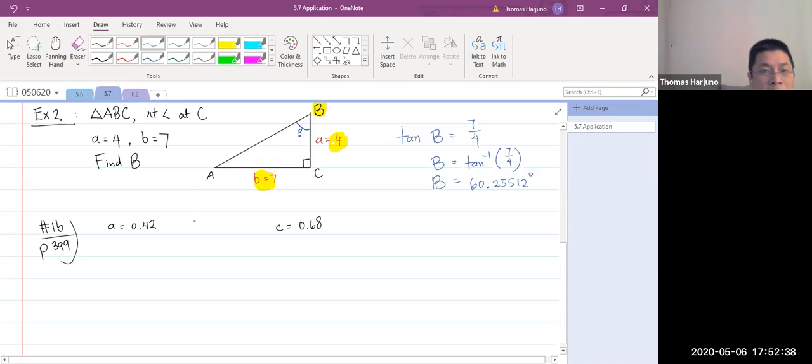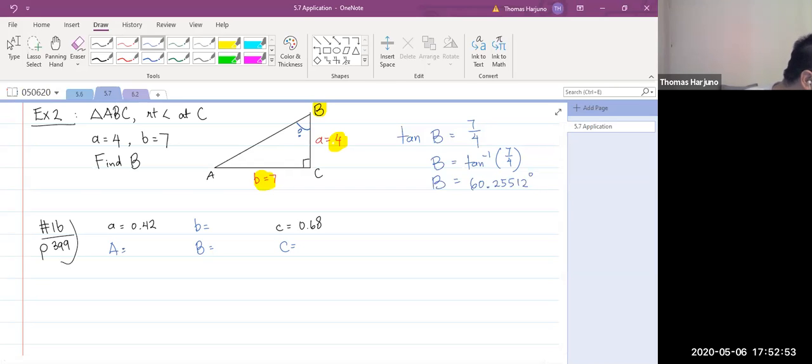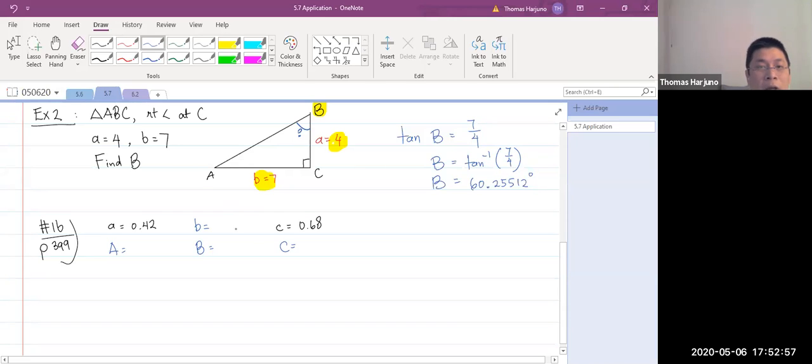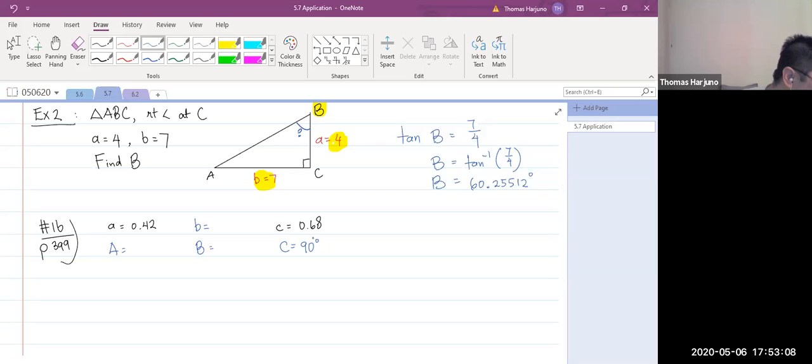The remaining parts are side B, angle A, angle B, angle C. But I think in their notation here, angle C is gamma, which is 90 degrees.